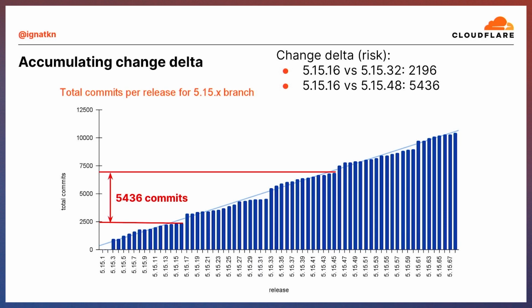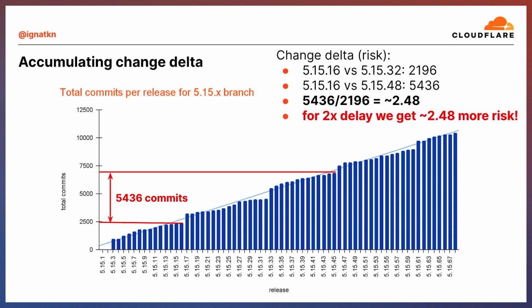Which brings a very important point: your change delta, thus your risk, which is proportional to changes, grew by almost 2.5 times, whereas you only delayed your update by 2x. So your risk grows faster than the time you delay. The more you delay, the faster the risk might grow, breaking your system when you apply that update. For a 2x delay, we get 2.5x more risk.